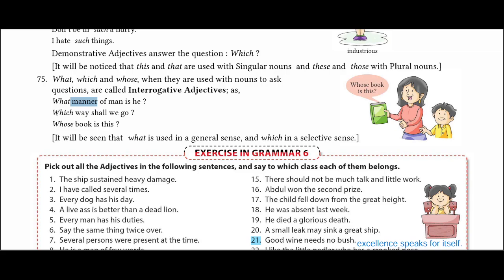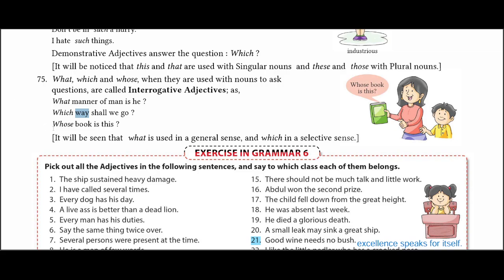Similarly, which way shall we go? Way is a noun. Which is being used alongside this noun. So it is an adjective. What is its function? It's being used to ask a question. It makes the sentence interrogative.